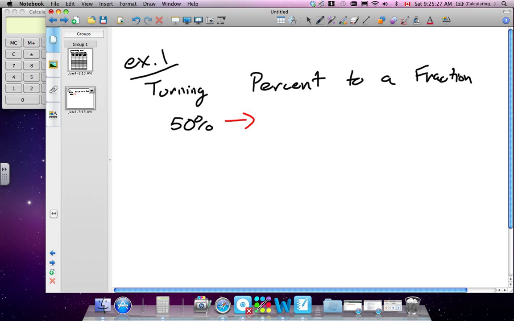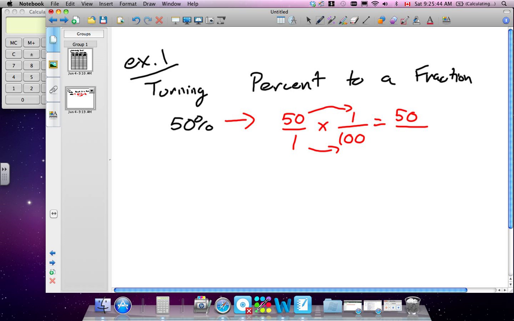When I multiply that, 50 times 1 is 50, and 1 times 100 is 100. And voila, we have our fraction. Our fraction is 50 over 100.